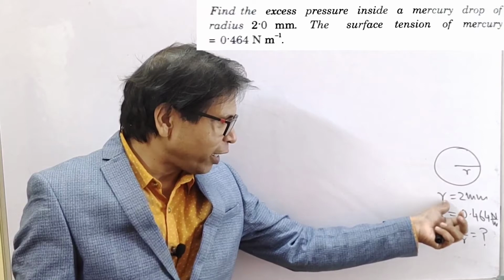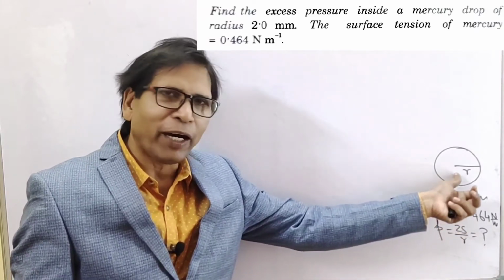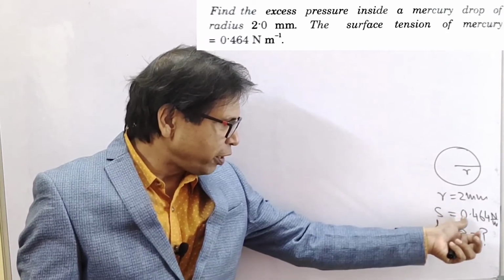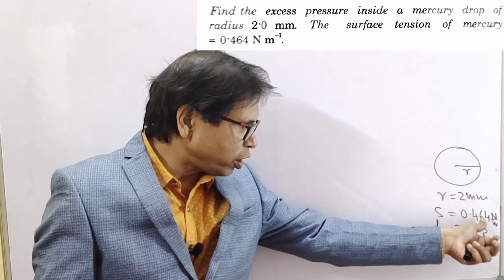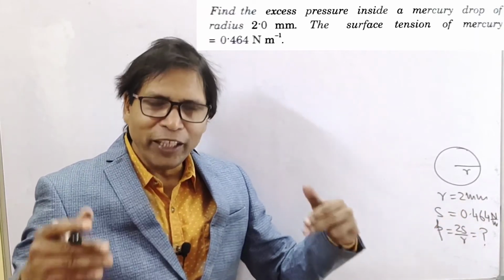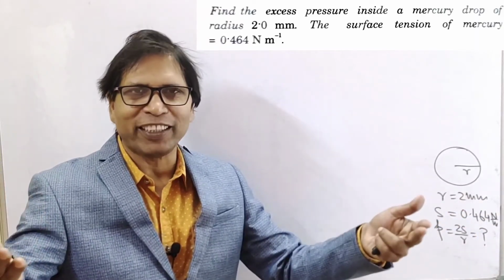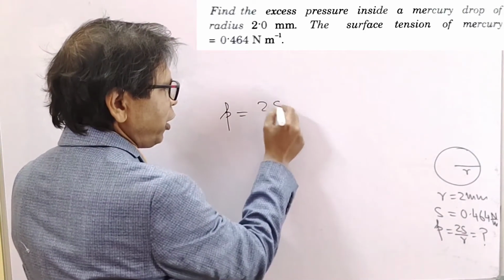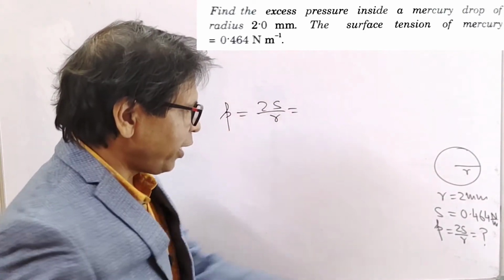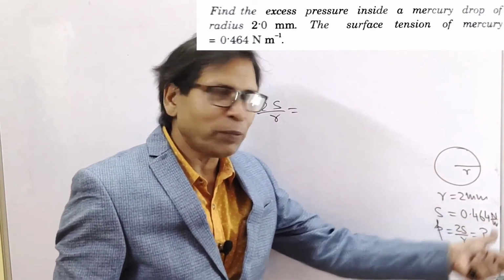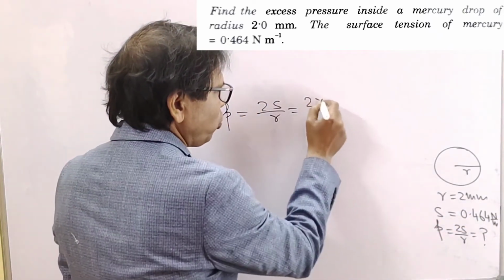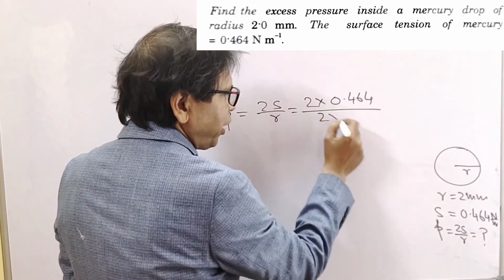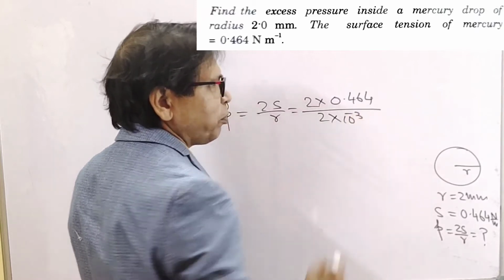Look at this, this is a mercury bubble of radius 2 mm. Surface tension of it is 0.464 Newton per meter. We have to calculate the excess pressure. Now the excess pressure P equals 2S by R. S is 0.464, so 2 into 0.464, and radius 2 mm, 2 into 10 to the power minus 3 meter.